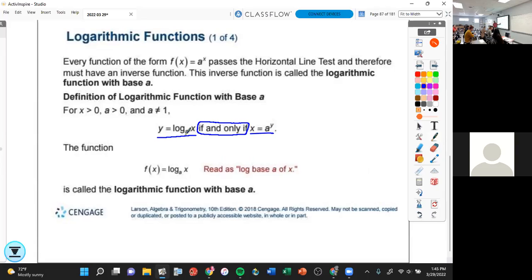Over here, my base is a. And I'm going to say it again here in a minute, but a logarithm is an exponent. So if I take the logarithm of something and get an answer, notice that y is my exponent in a to the y power. So the base is a.